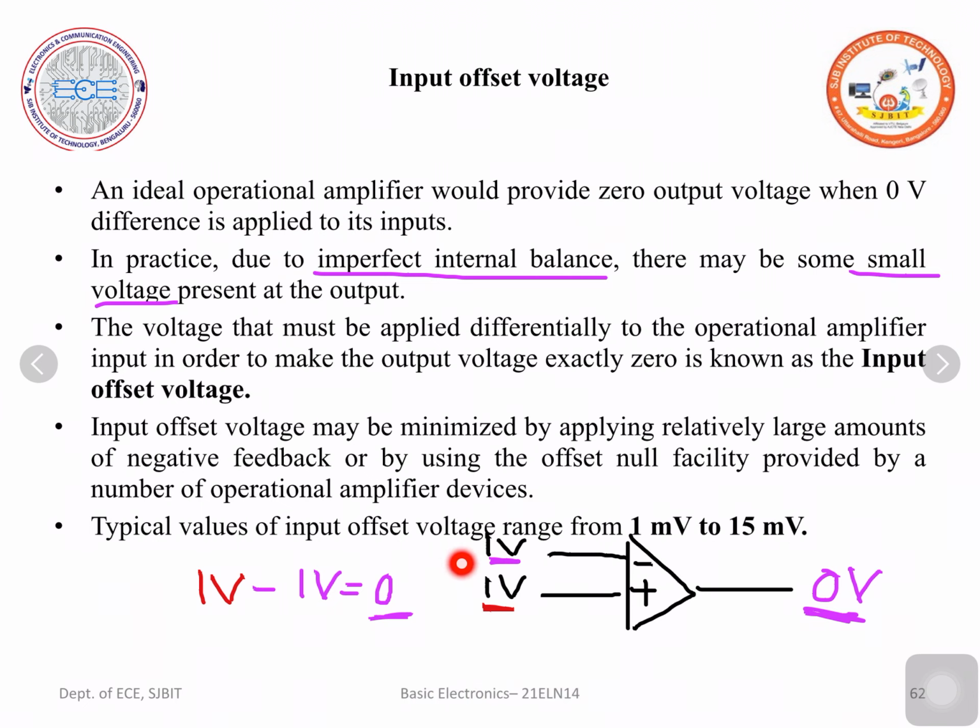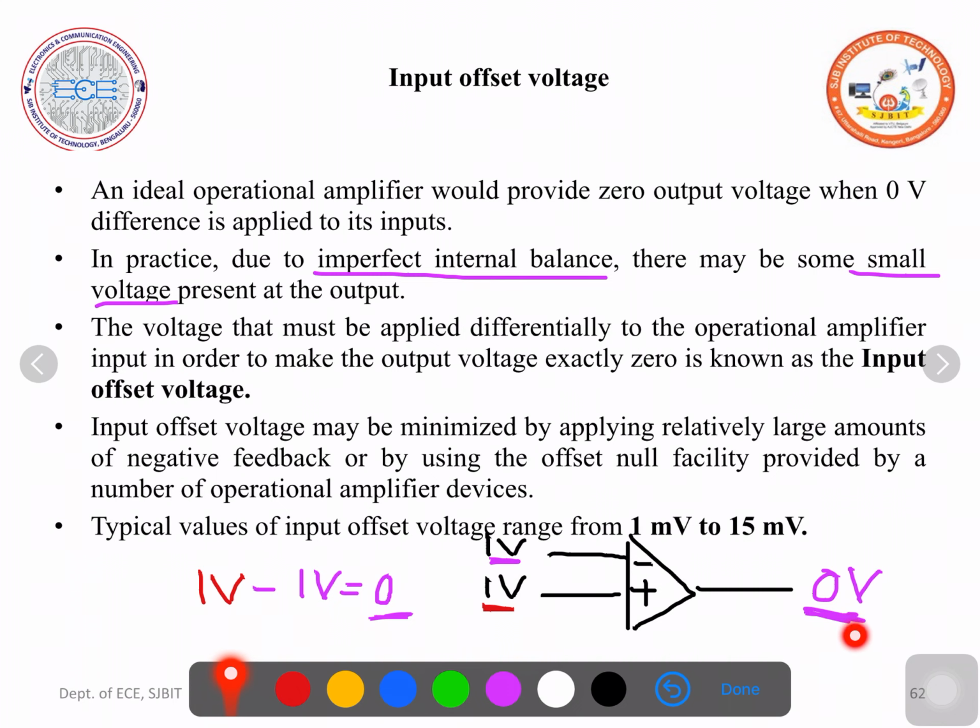I repeat, an ideal operational amplifier would provide 0 output voltage when 0 difference is applied to its inputs. When you apply 1 volt, 1 volt, the difference is 0. Or you can go for 2 volts, 2 volts, the difference is 0. So if you amplify the difference, definitely you should get 0. But due to imperfect internal balance, always some voltage is present at the output.